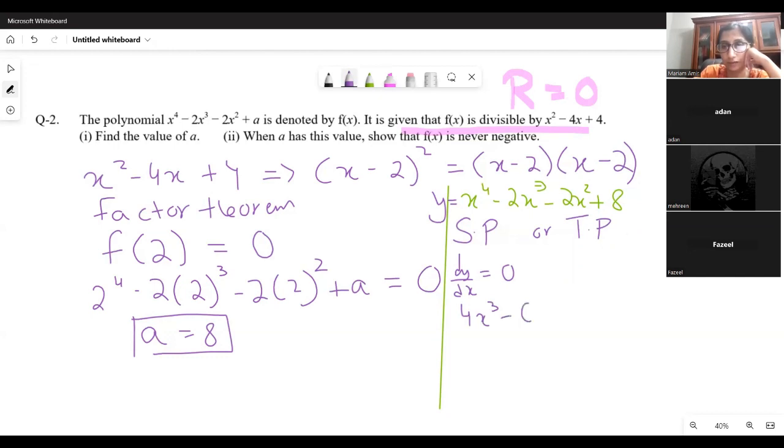Minus 6x square minus 4x plus 0 is equal to 0. Now you can factorize 2x. So we have 2x square minus 3x minus 2 equals to 0.